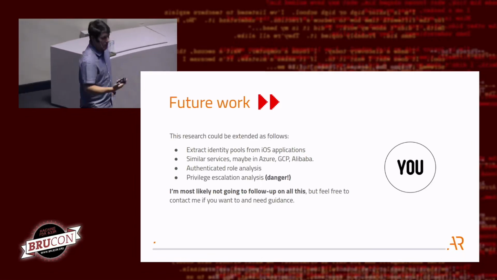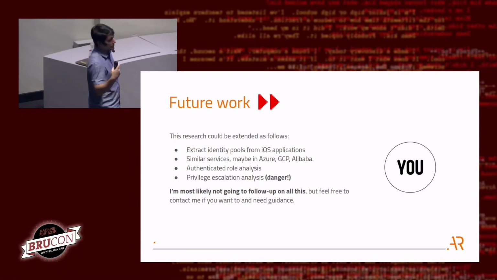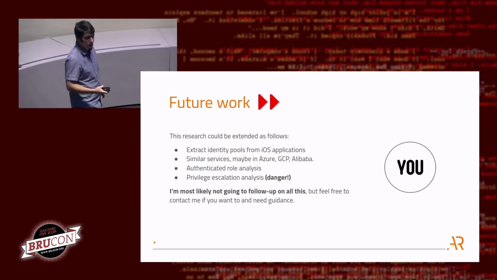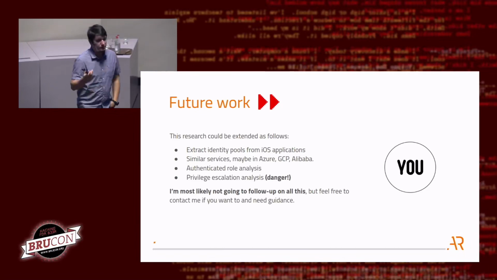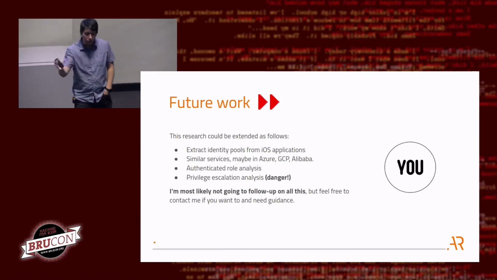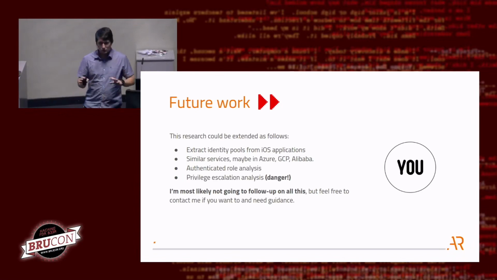That's a potential question that you can answer. It says danger there because privilege escalation techniques often require you to modify the AWS account in one way or another. And usually you don't want to do that if you don't have permission.